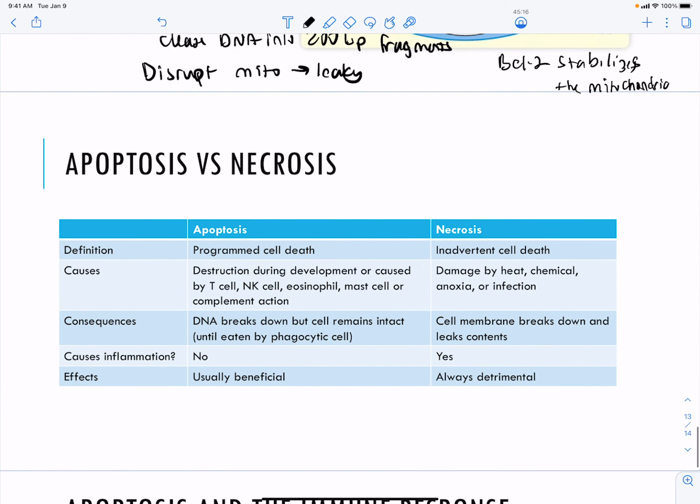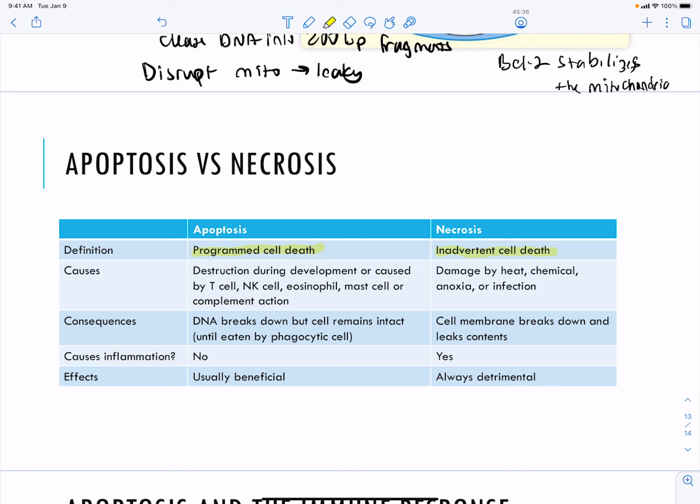So let's just talk a little bit about apoptosis versus necrosis. So apoptosis is programmed cell death, or necrosis is inadvertent cell death. It wasn't meant to happen. The cell didn't want to die. The causes are going to be during development. So apoptosis is normally used during development.